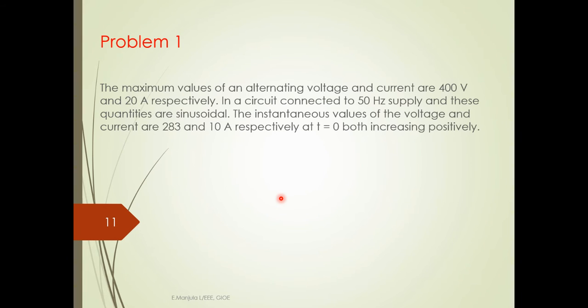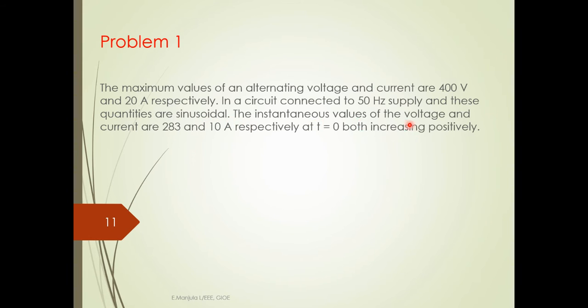Fine. We will see some problems on the definitions we have discussed. We will check how to find the solution or the output. Okay. The maximum values of an alternating voltage and current are 400 volts and 20 amps respectively, in a circuit connected to a 50 Hz supply, and these quantities are sinusoidal.